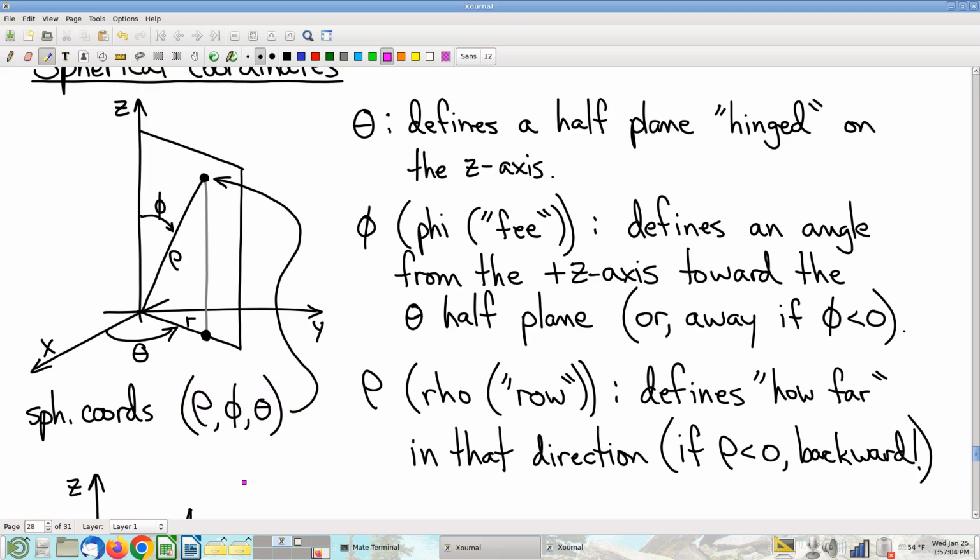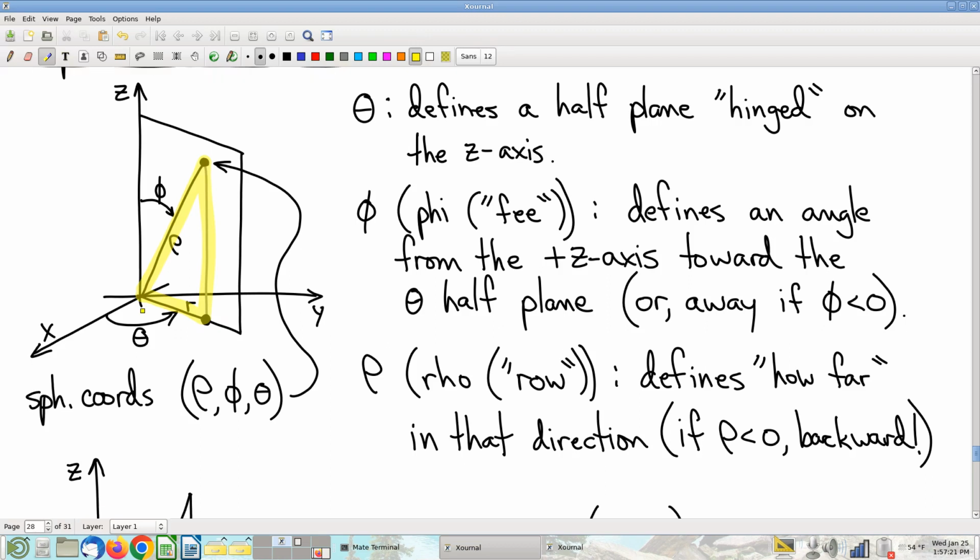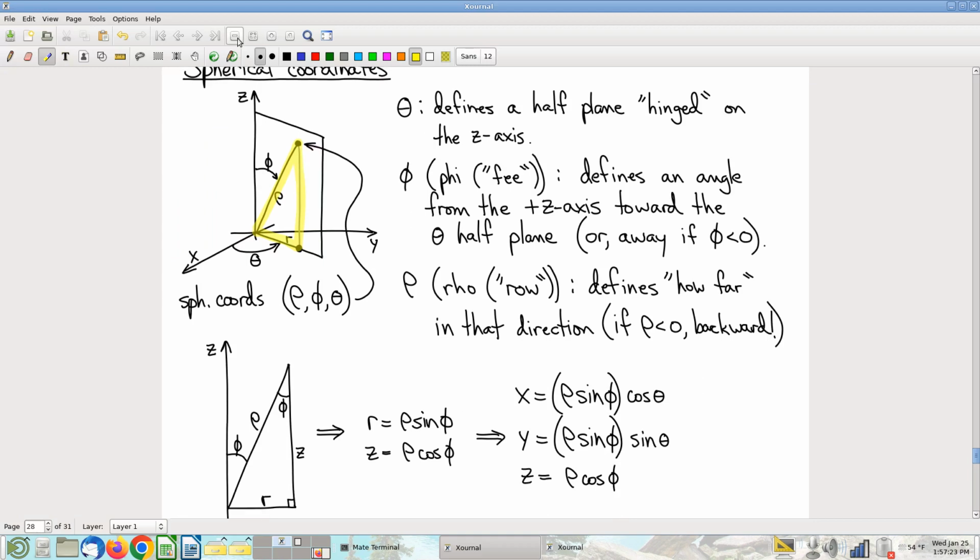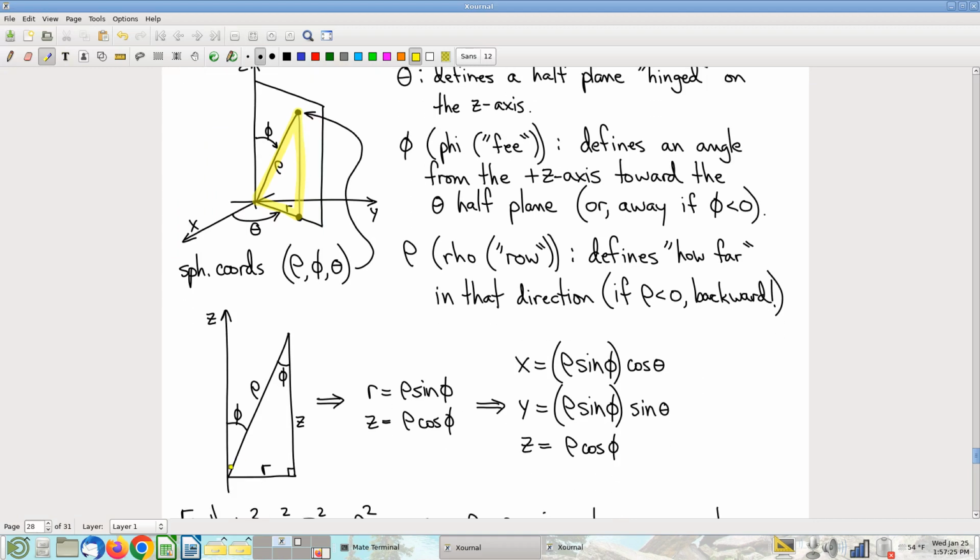What's the relationship to rectangular coordinates? What we're going to do is focus on this triangle right here. It's a little bit hard to look at that triangle because we're looking at it at an angle, and it can be confusing. So what I like to do is just redraw that exact same triangle. I'm just looking at it head on here. Like that.